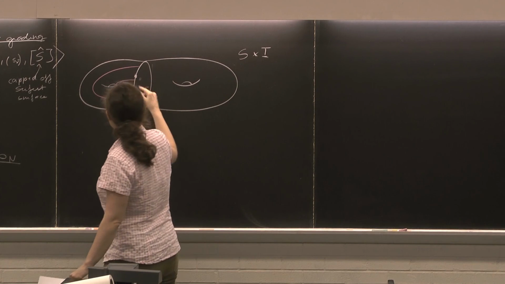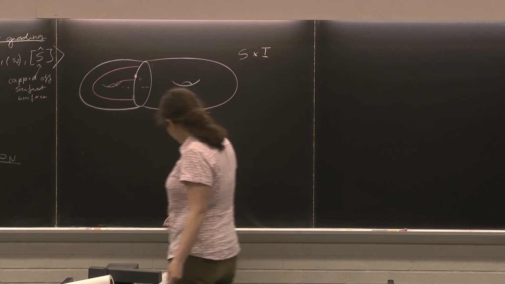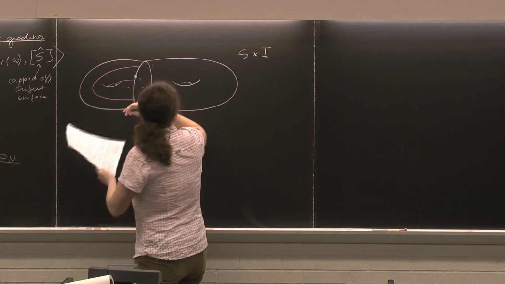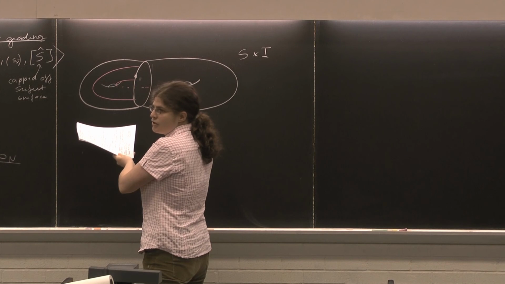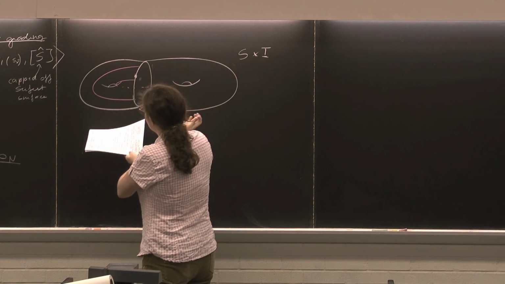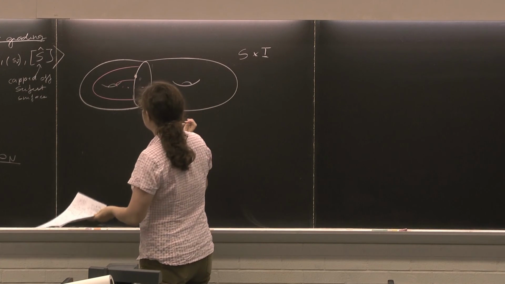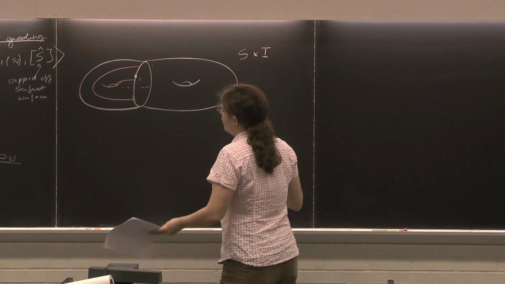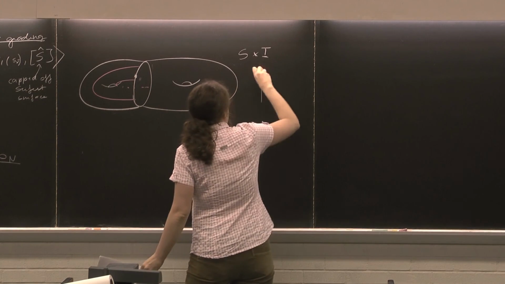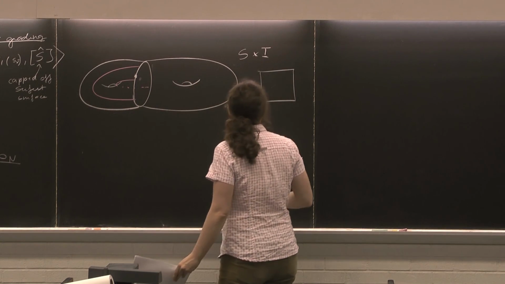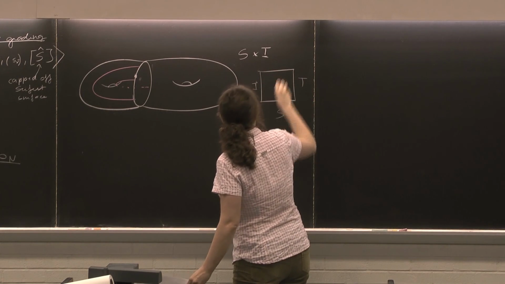So you draw arcs on your surface that give you this, and then you take these arcs cross an interval, divided out by the equivalence relation. So arc cross interval, that's I cross I, and then you divide out by some equivalence relation. So this is I cross I. This is the original I direction. This is on the surface.